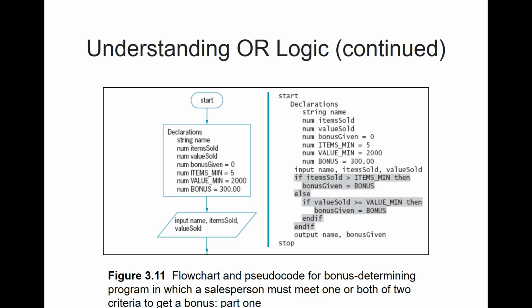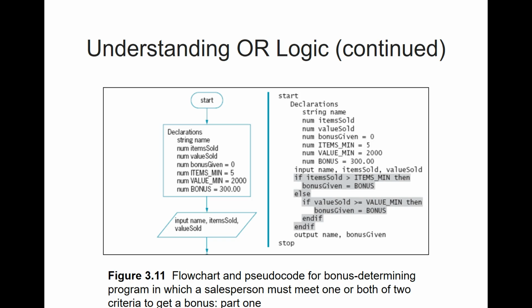Or we had somebody who sold only 1 item, but it was a brand new tractor for $300,000. So we should probably give them a bonus, right? So we're going to rewrite this to say or. So we want to give them a bonus if they meet either the condition of enough items sold or enough value sold.